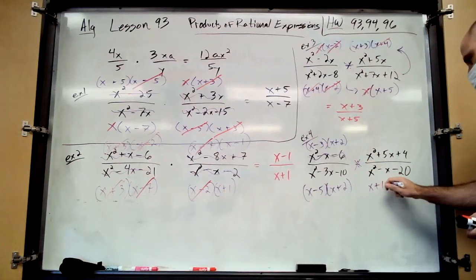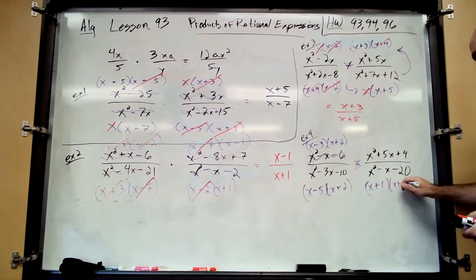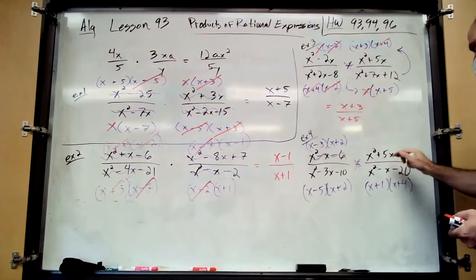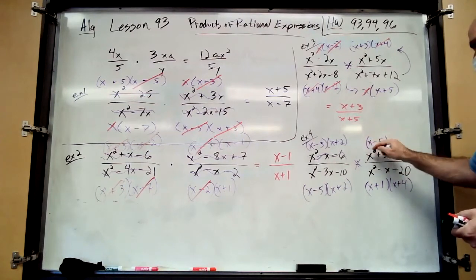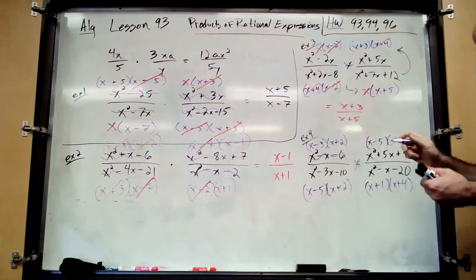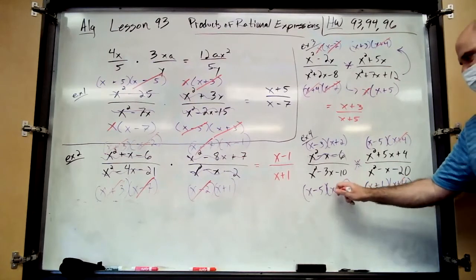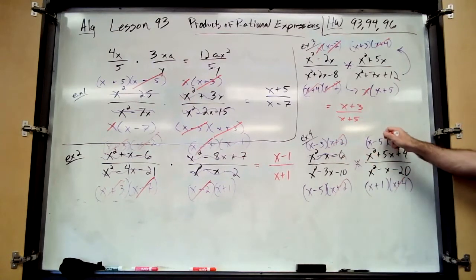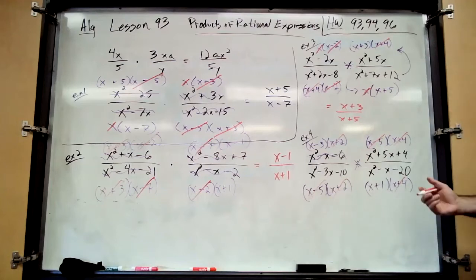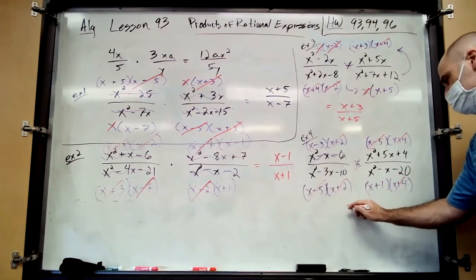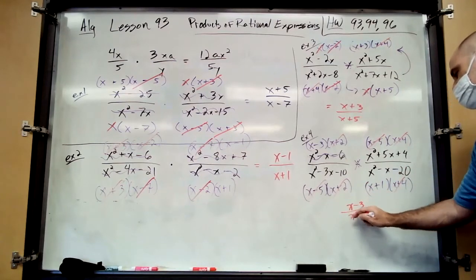X plus 1, x plus 4. And then here's x minus 5, x plus 4. There's a lot of vertical cancellation here. So x plus 4 cancels, x plus 2 cancels, and then the x minus 5s cross cancel. And you're left with x minus 3 over x plus 1.